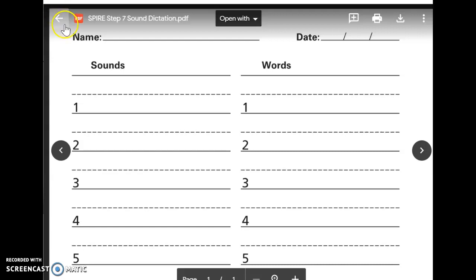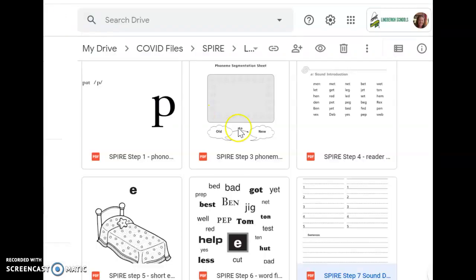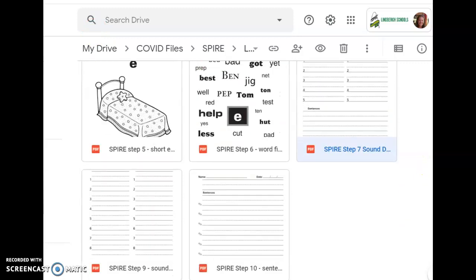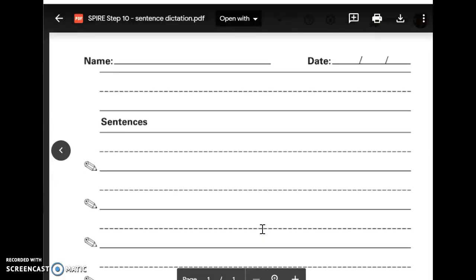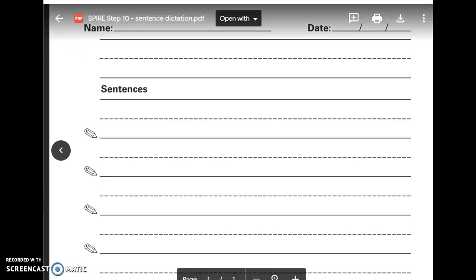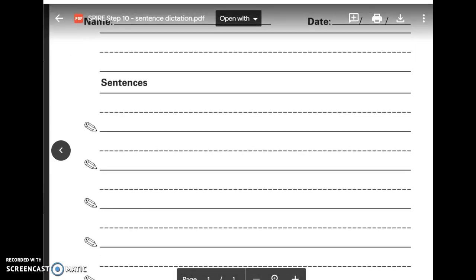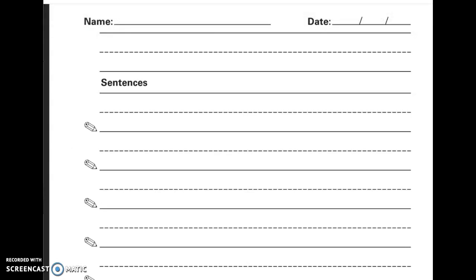Okay, so now we're going to take a look at our last item here, which is the sentence dictation. I'm going to say some sentences, and each time you hear a word in the sentence, I would just make a dash on the paper.